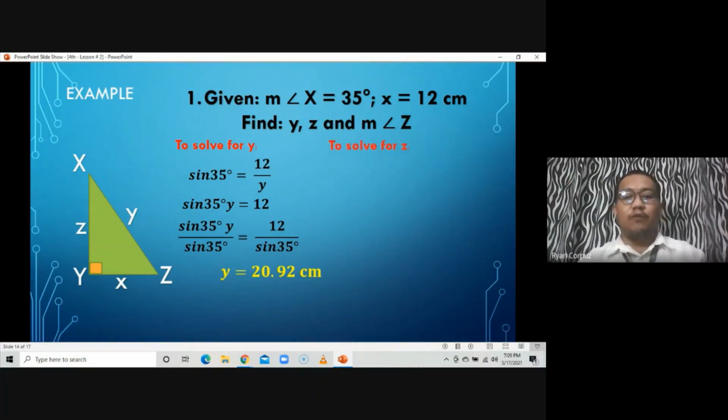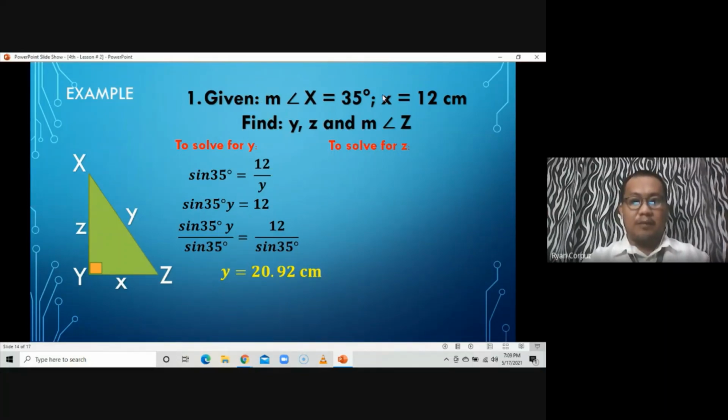So to solve for z, again, let's take a look at this given and the given measurement in the problem. So the measure of angle x measures 35 degrees and side x measures 12 centimeters. How is it related to that side z?